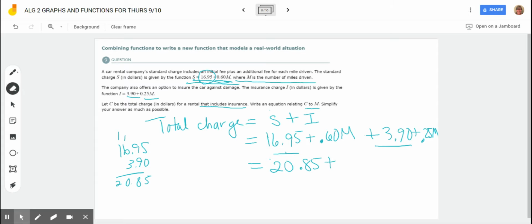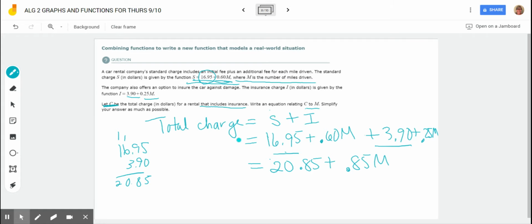I almost jumped a step there. No jumping. Plus 0.60M plus 0.25M. Okay, and what would that be? Add that together and you're going to get 0.85M. And that is the total charge.